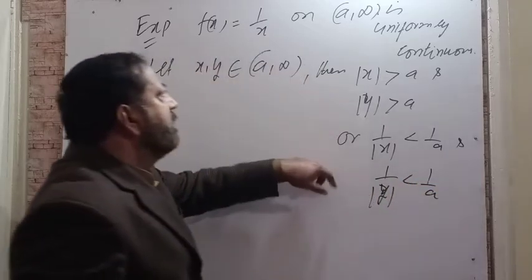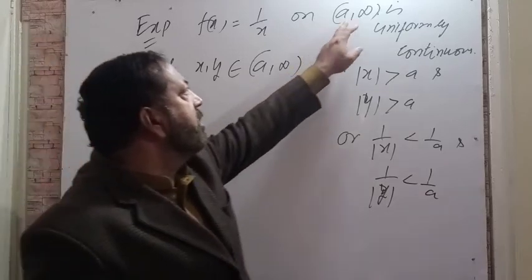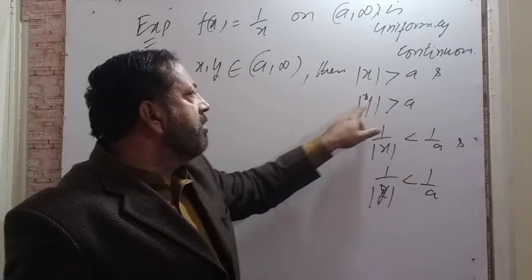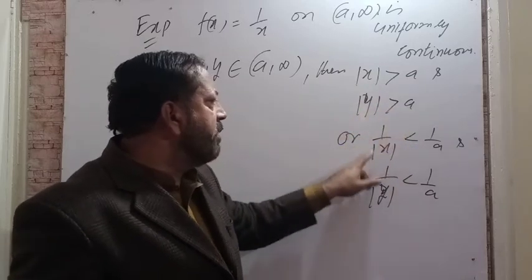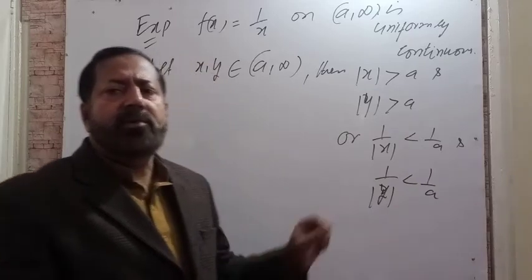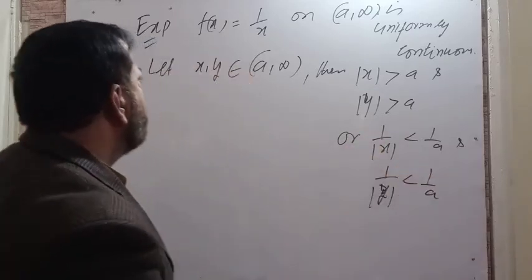We will use the fact that since x, y belong to this interval, which starts from a to infinity, therefore |x| and |y| must be greater than a. That's why 1 over |x| and 1 over |y| must be less than 1 over a. Now we will use these relations, right?